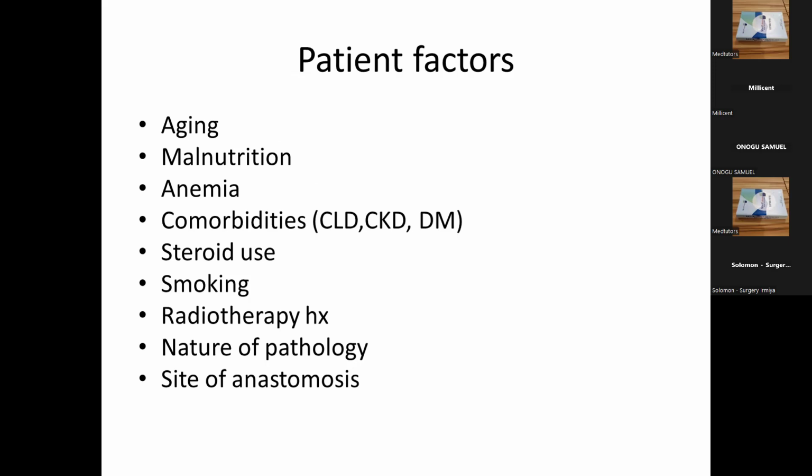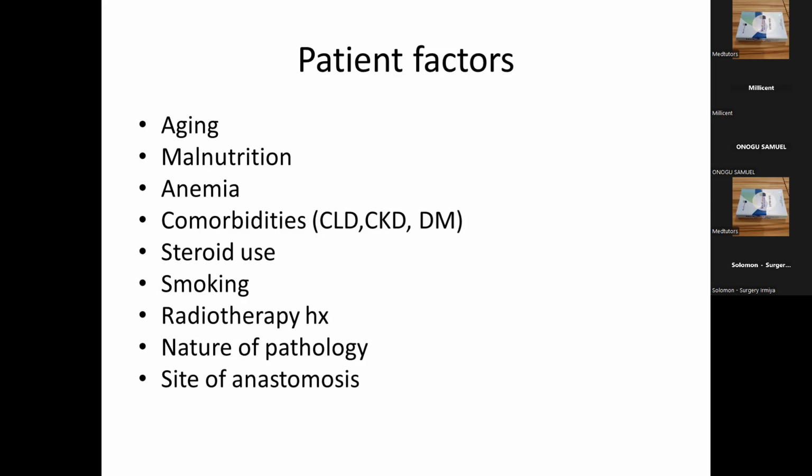Also anemia, because we need adequate supply of oxygen to the cut edges to promote wound healing. And presence of comorbidities, such as chronic liver disease, chronic kidney disease, and diabetes mellitus have also been noted, and also uremia, to affect bowel anastomosis.